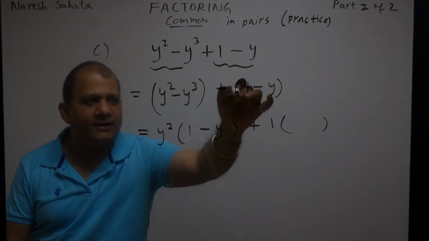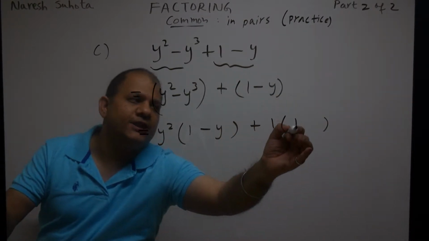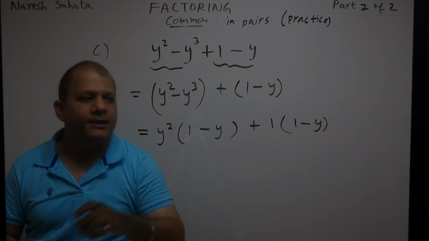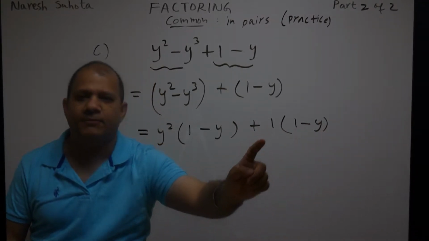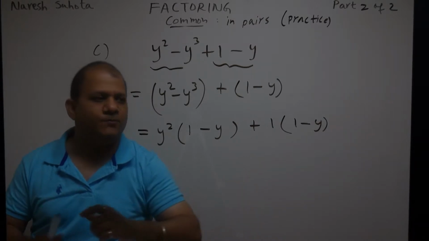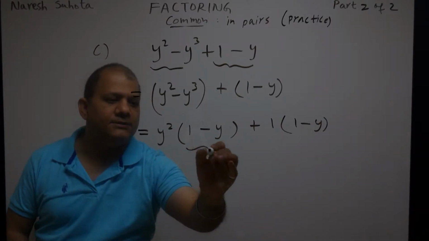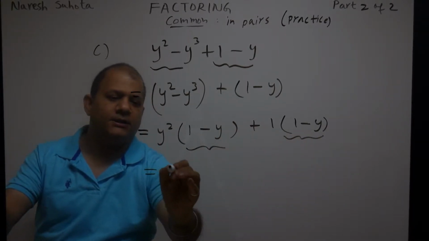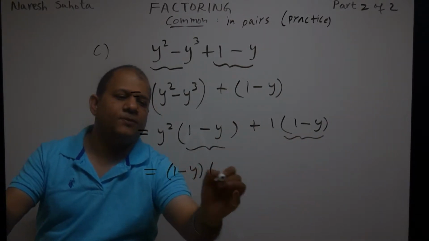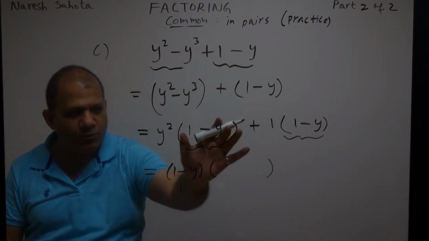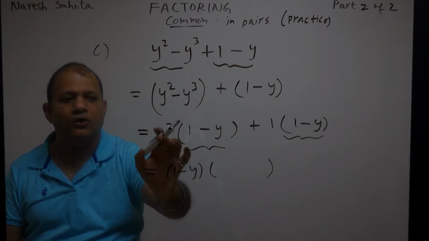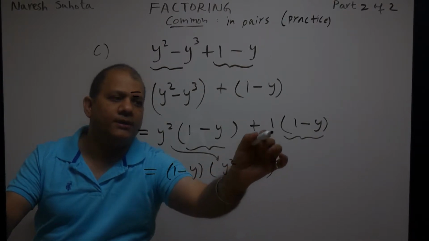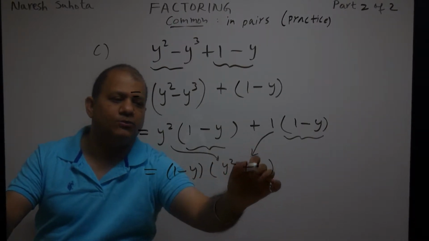If I take out a factor of 1, nothing really changes inside the bracket. The bracket remains 1 minus y. But now this will help me at my next step. The common bracket is 1 minus y, so we factor that out. I pulled out 1 minus y as my common factor. What am I left with? Well, this goes here, y squared, and this comes here, plus 1.